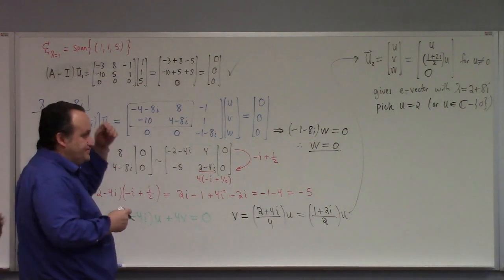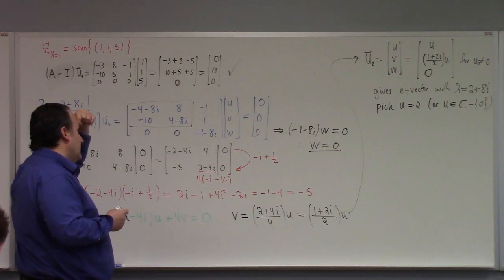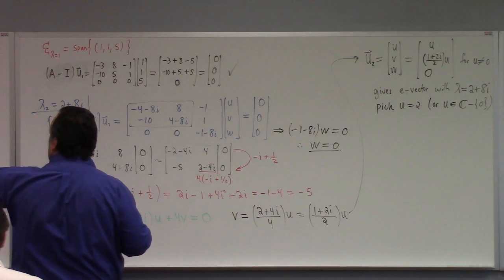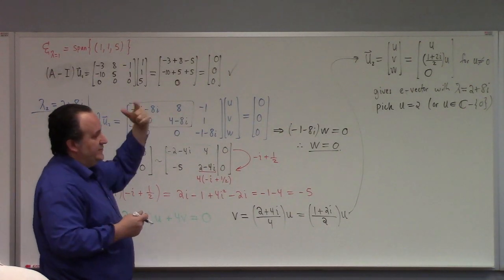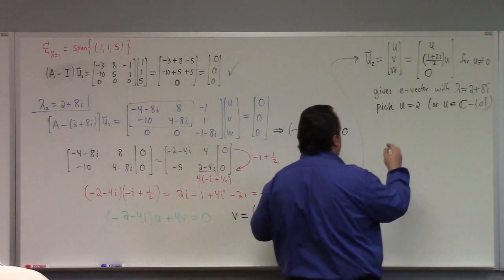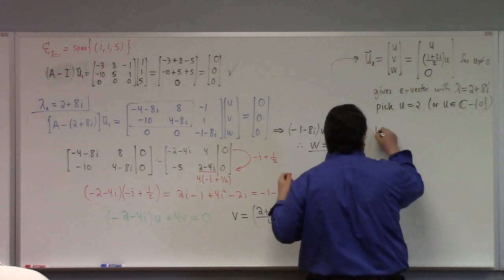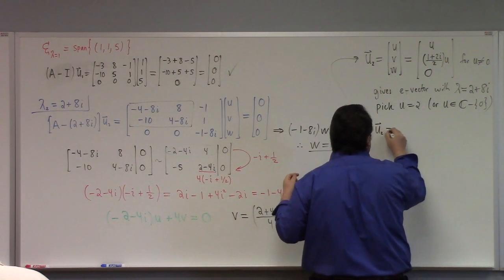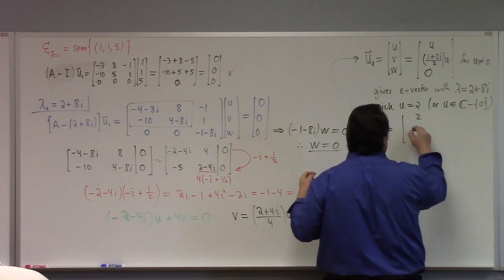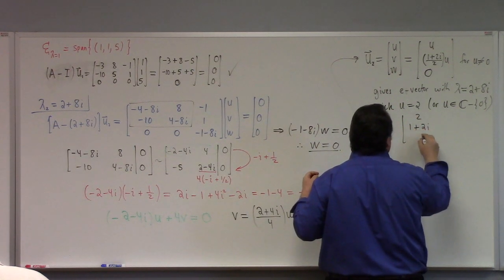Okay, so what was I doing? Now we have the complex eigenvector. Let's choose u equal to 2 for the sake of specificity. u2 equals 2 times 1 plus 2i, and then 0.